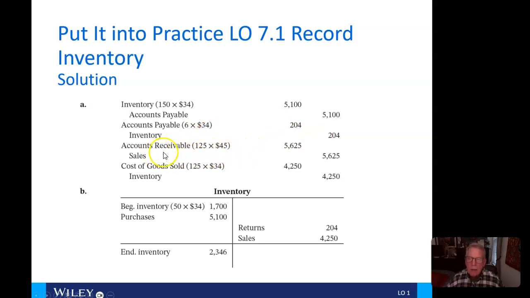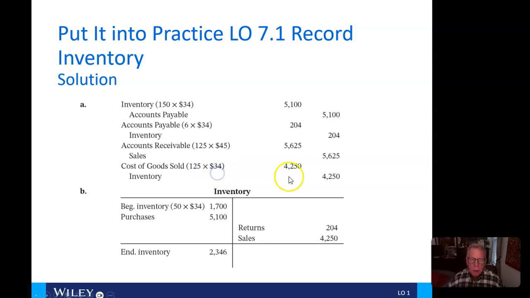And then we have our accounts receivable for the units we sold. We sold 125 at $45 for a total of $5,625. And the cost of goods sold that goes with that would be 125 units times $34, which was our cost.